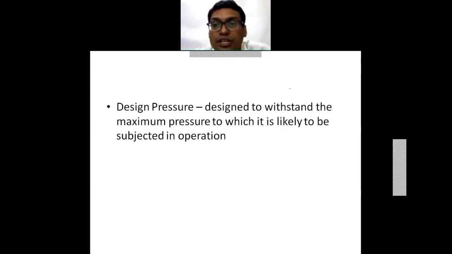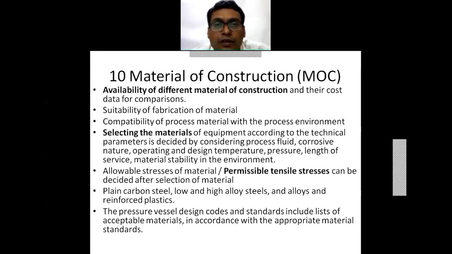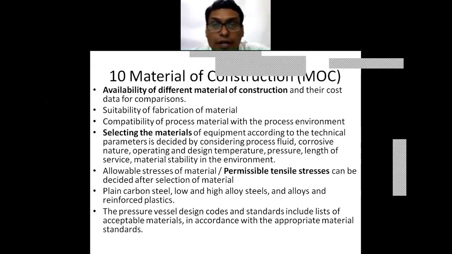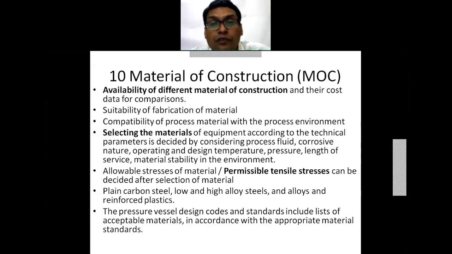Then design pressure, which is suitable to withstand the maximum pressure. Then material of construction: the availability of different materials of construction and their cost data has to be considered. All this is related to the cost. So the suitability of fabrication of a material of construction, which will give me a good service life with minimum corrosion, has to be selected.